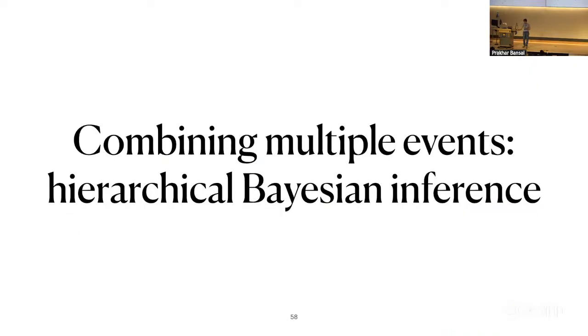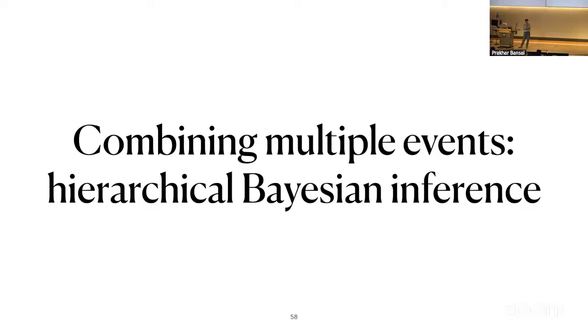Okay, the next thing I wanted to talk about, leading us into the spectral sirens, is how we do population analysis. This is crucial to a lot of cosmology and astrophysics: combining information from many events.